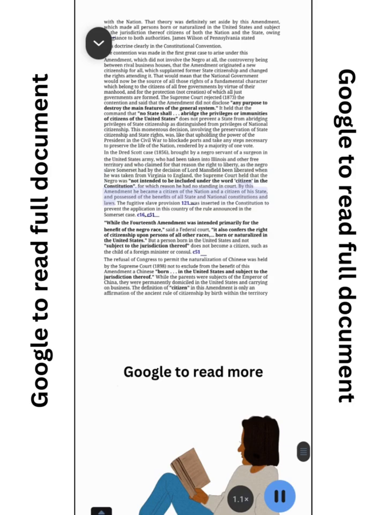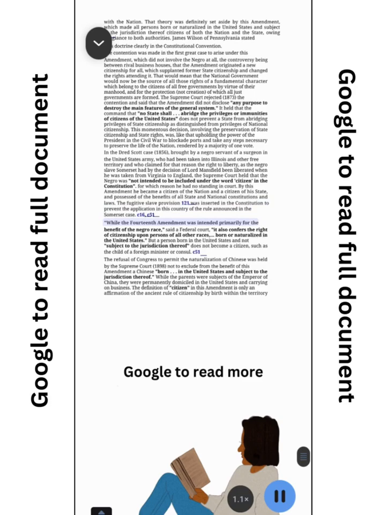By this amendment he became a citizen of the nation and a citizen of his state, and possessed of the benefits of all state and national constitutions and laws. The Fugitive Slave Provision was inserted in the Constitution to prevent the application in this country of the rule announced in the Somerset case.